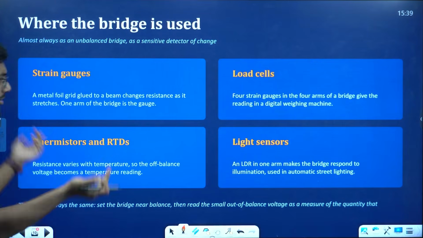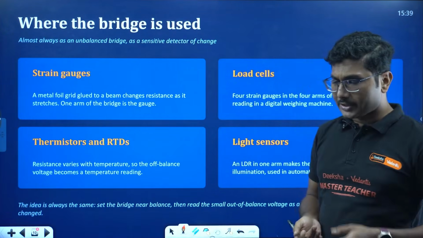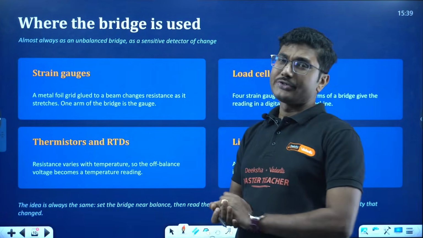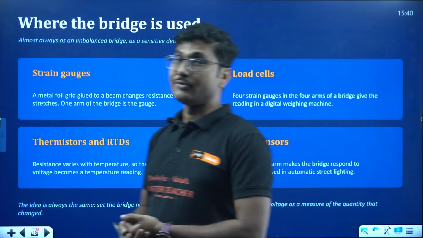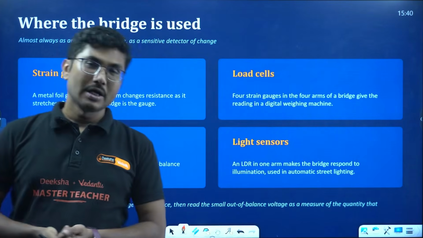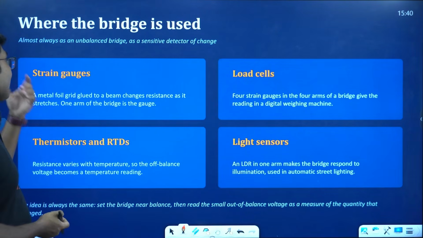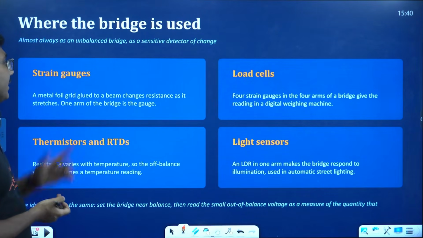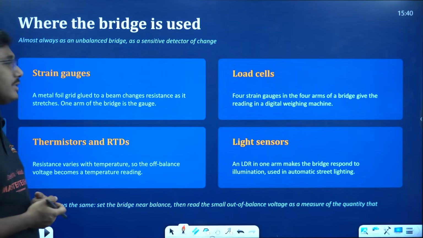Now some of the applications of Wheatstone bridge. One application was the metre bridge, used to measure resistance per unit length, which is no longer part of the syllabus. Other than that, strain gauges: a metal foil grid glued to a beam changes resistance as it stretches, and one arm of the bridge is the gauge.